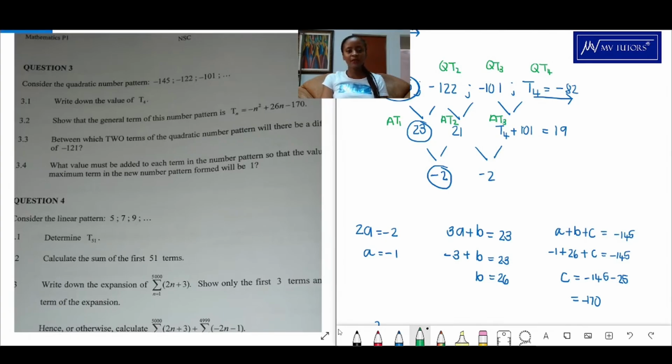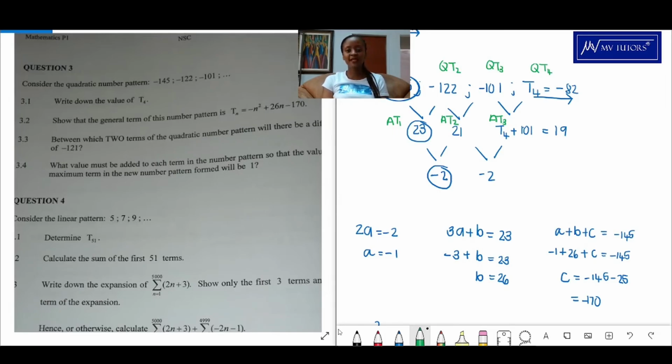If I'm looking for between which two terms of the quadratic pattern there will be a difference of -121, I'm basically looking for a term on my arithmetic series that will be lodged in between the two quadratic terms.